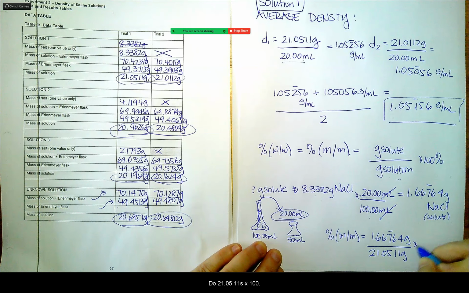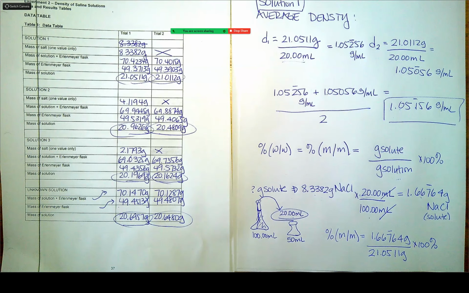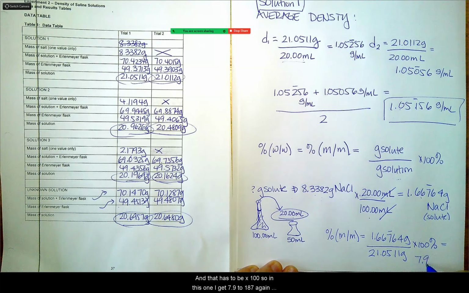That's times 100%. So 1.66764 divided by 21.0511, and that has to be times 100. So in this one, I get 7.92187. Again, 4 sig figs, 1, 2, 3, 4%.